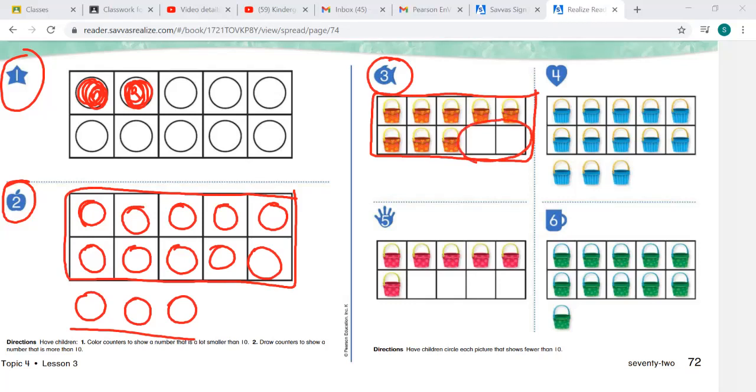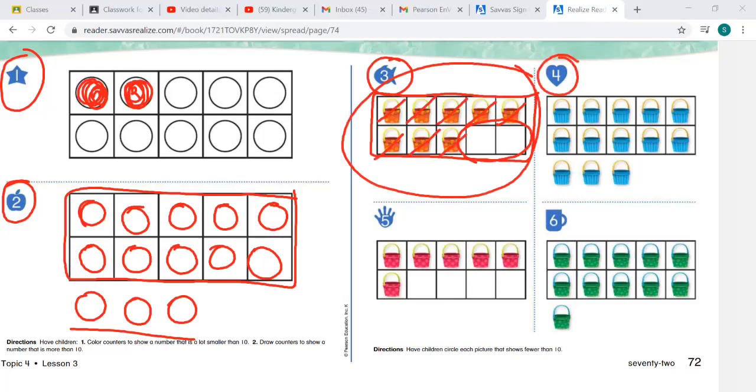So is this number fewer or greater than 10? It is fewer than 10. So we're going to circle it. We can count to see how many there are. 1, 2, 3, 4, 5, 6, 7, 8. 8 is fewer than 10.